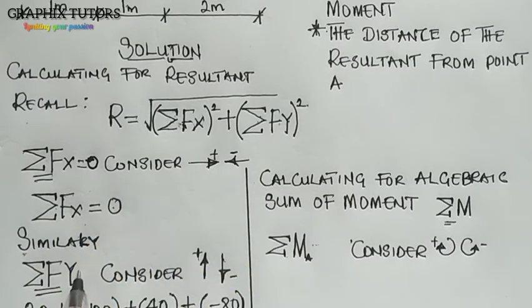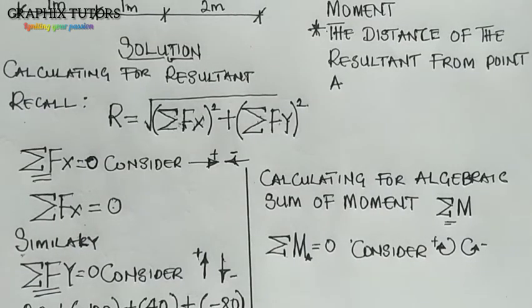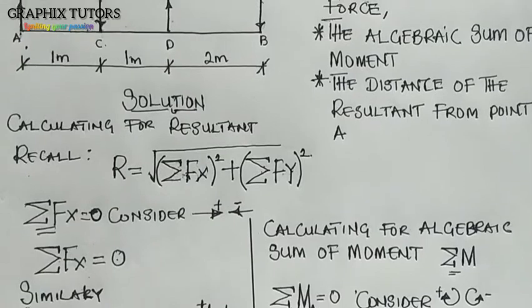Sum of Fy equals 0, second condition, right? And moment about the point equals 0 also, that is the third condition. These are the three conditions necessary for equilibrium. Now if you look at this very well, I'm starting from my point A. That means that point A is the point that is fixed, right? That is the point that is not moving.